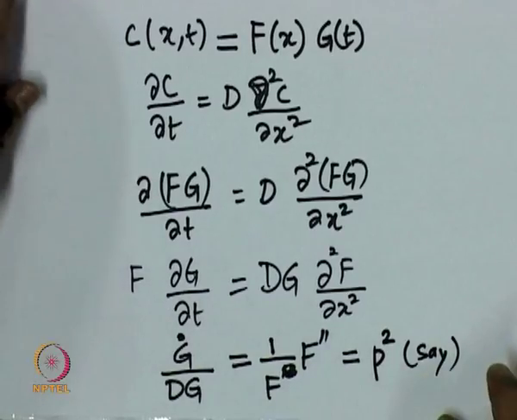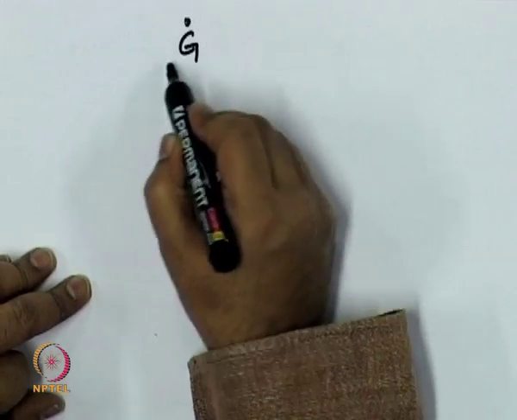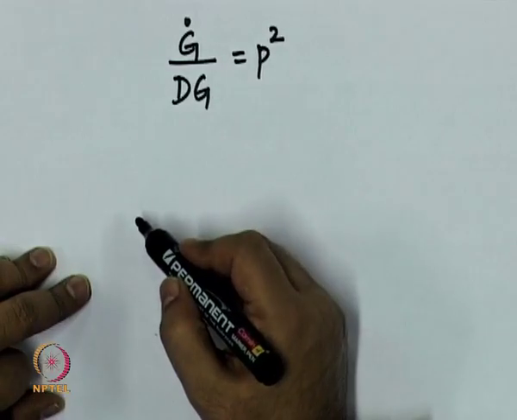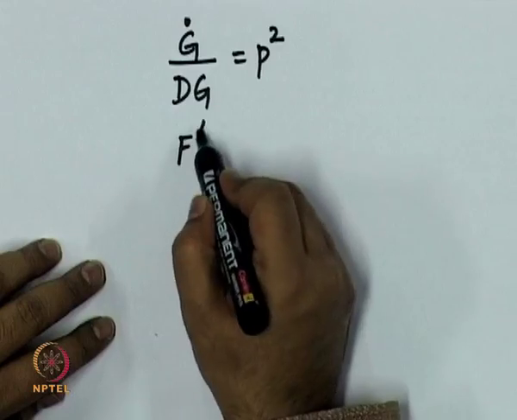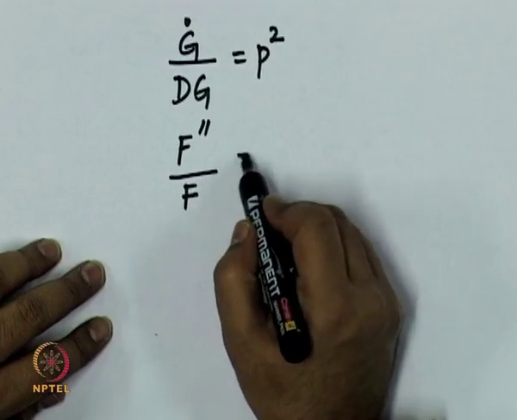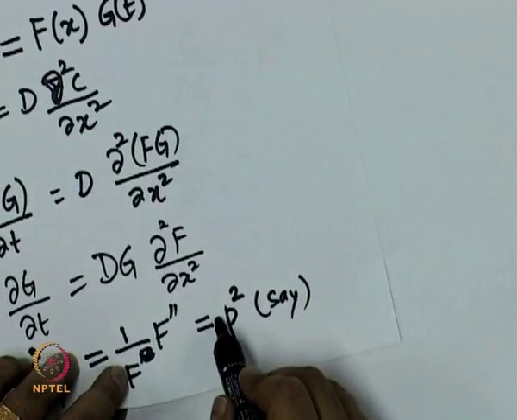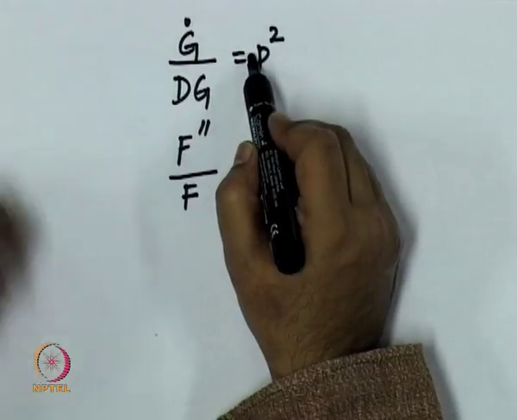Now, as you can see, what is it that we have achieved? We have reduced this equation into two ODEs. So, what are these ODEs? I am going to write them down separately for you. I have the first ordinary differential equation which says g dot by Dg equal to p squared, and f double prime by f is equal to, let me also assume, minus p squared, to make things easier.